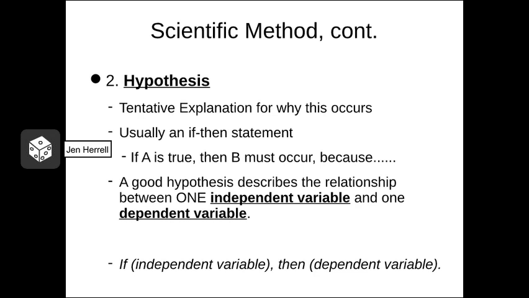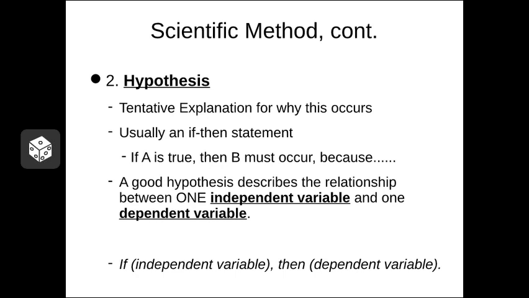The second step of the scientific method, and actually the most important step, is called the hypothesis. A hypothesis is a tentative explanation for why your observation is occurring. It's an educated guess. And this guess actually links together 2 of the variables, 2 of the things you observed.